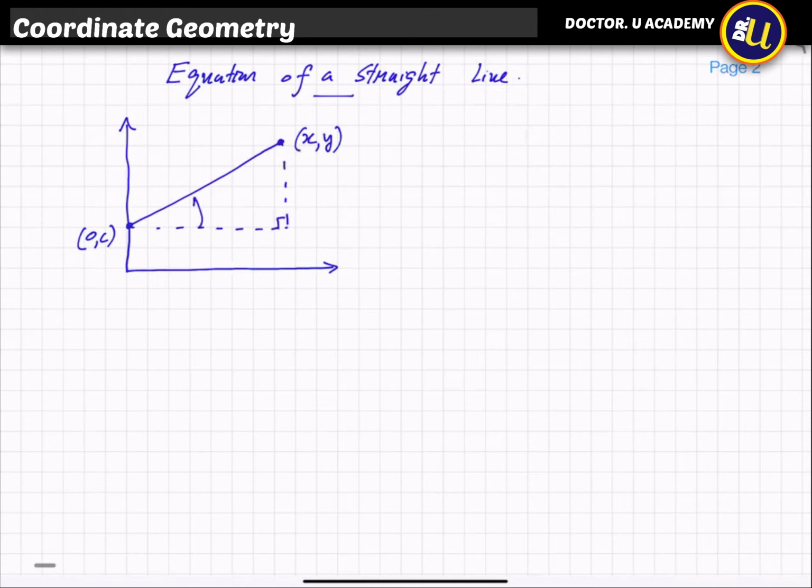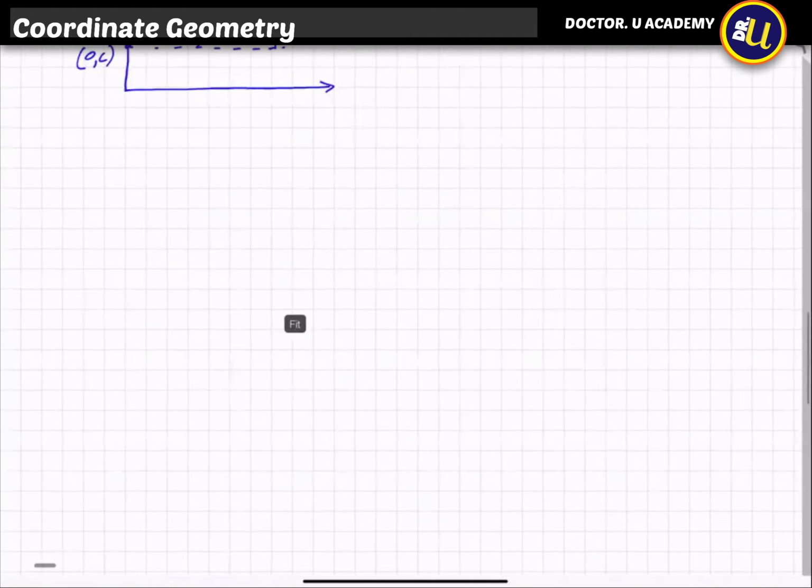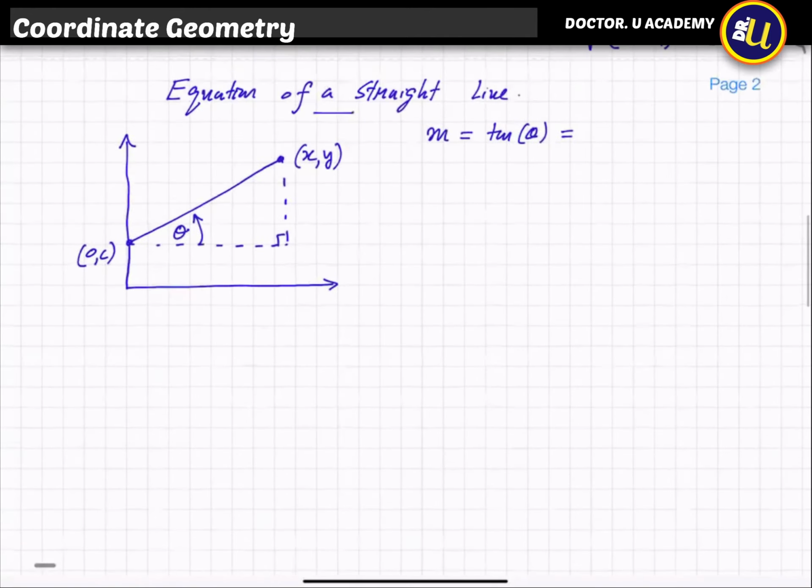We have tan theta here, which is the gradient. So our gradient would be tan theta. That can be written as the opposite side, y minus c, and the adjacent, x minus 0. So that would be y minus c divided by x.